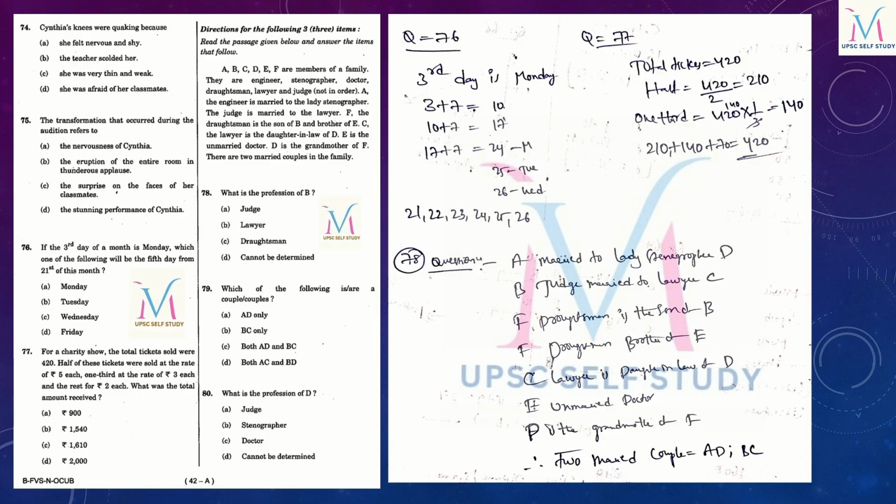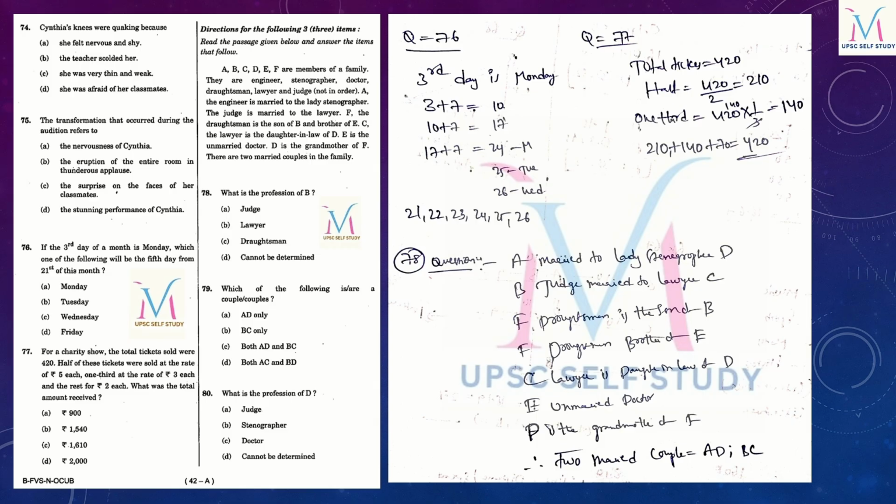So what is the total amount received? Here we have to find out how many tickets were sold for half, how many were sold for one third, and the rest will be coming to 2 rupees.